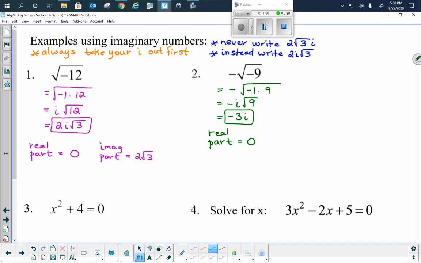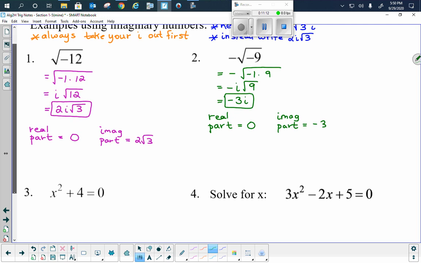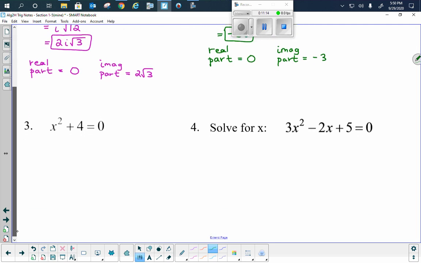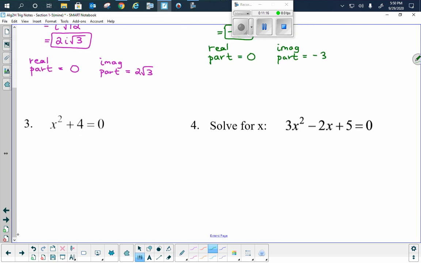Well, there is nothing, so it would have to be 0. The imaginary part, the number in front of i, would be negative 3.